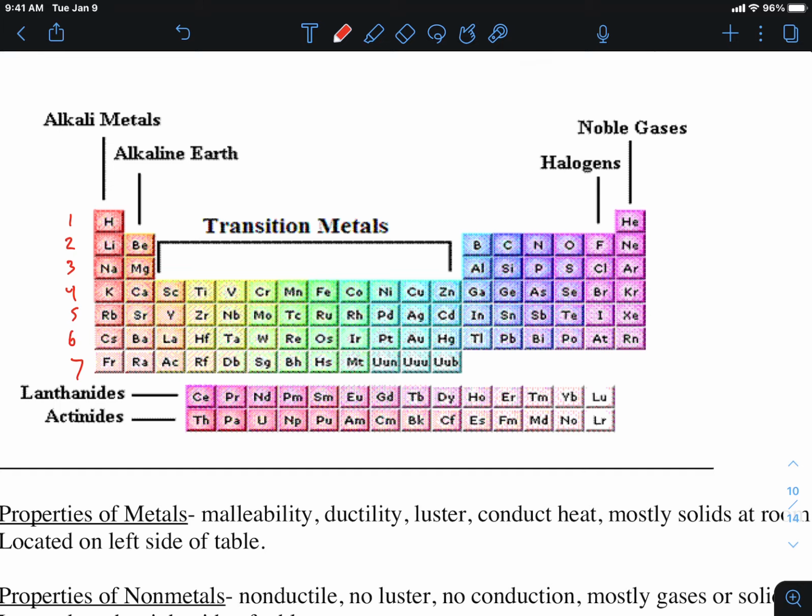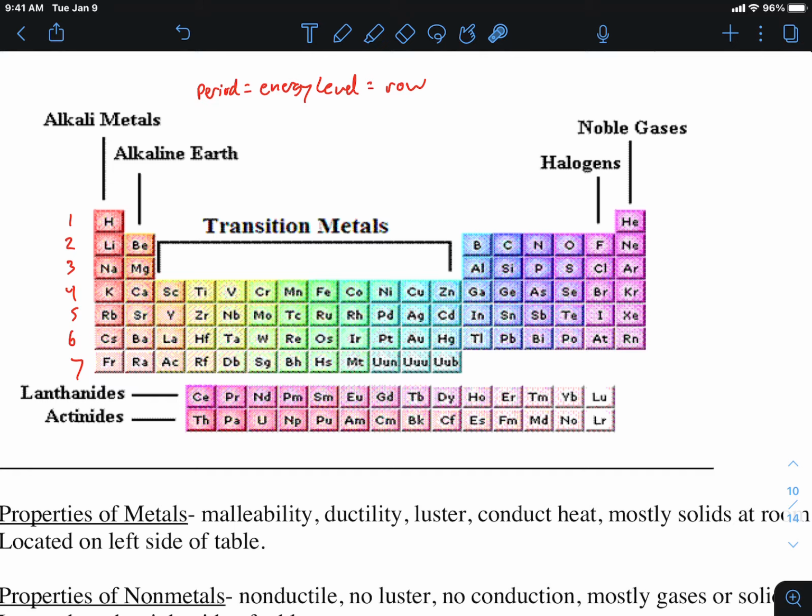The period is essentially the energy level, which is also a row on the periodic table. So if I look at one period, let's look at period 2. The elements in period 2 are lithium, beryllium, boron, carbon, nitrogen, oxygen, fluorine, and neon.